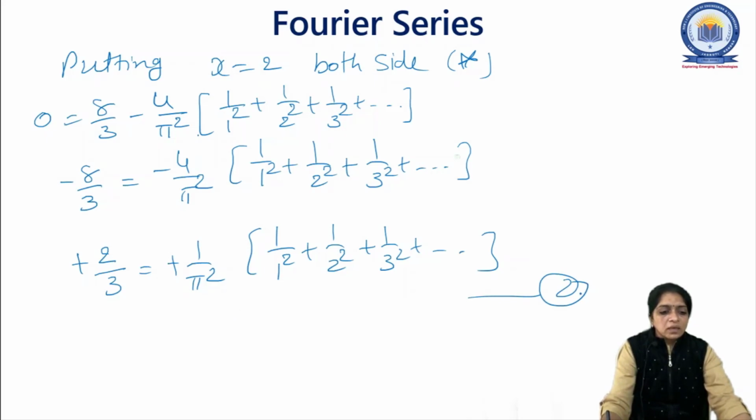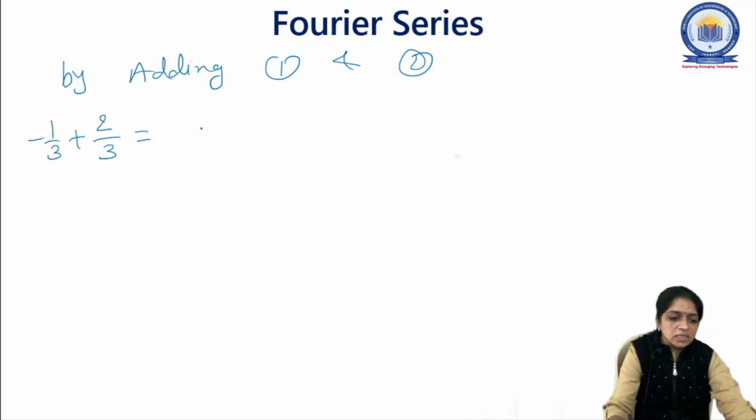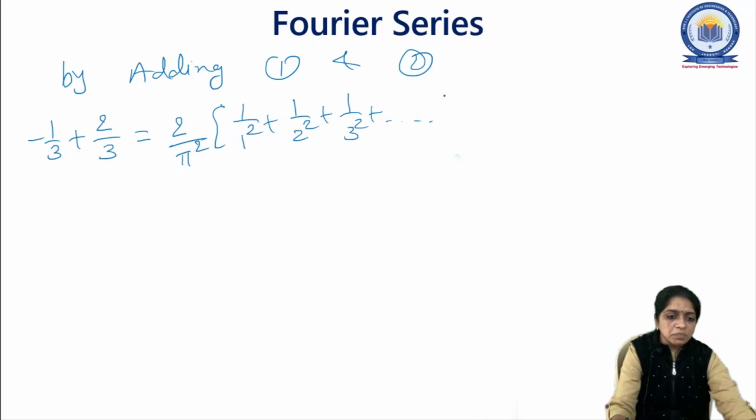So by adding equations 1 and 2 on both sides, the left hand side is minus 1 by 3 and plus 2 by 3, equal to 2 times 1 upon π² times 1 upon 1² plus 1 upon 2² plus 1 upon 3² plus and so on.